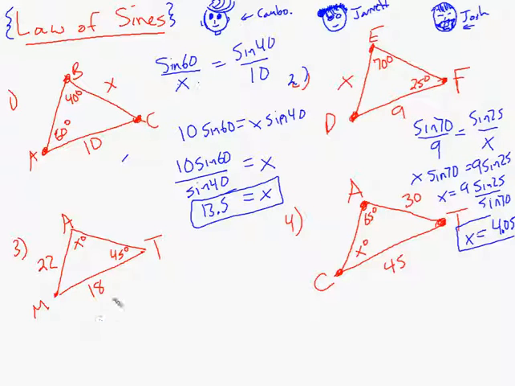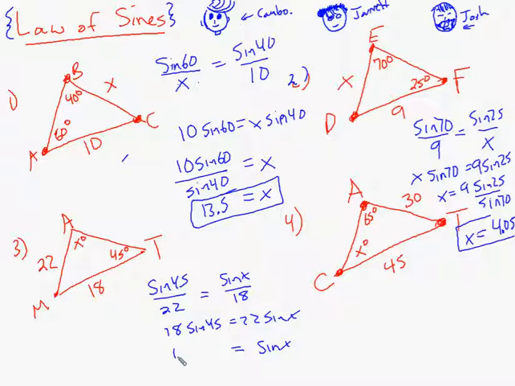Okay, setup number 3. Sine 45 over 22 equals sine x over 18. And you cross multiply, and then we divide by 22. And then you do an inverse sine.